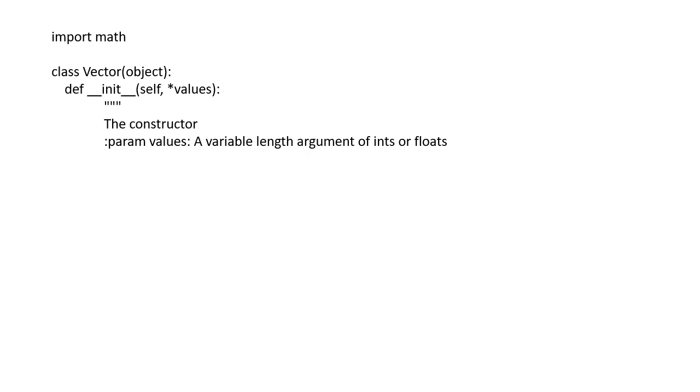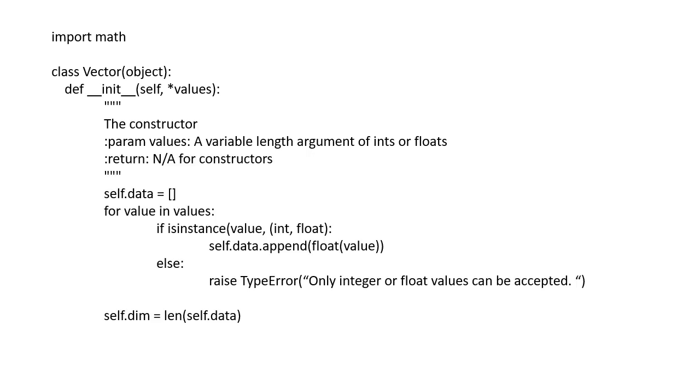So however many values the user puts in when they call the vector class are then unpacked into a tuple, and that can be used going forward. So if we make that one change, then everything else is exactly the same. We don't need to change anything else.